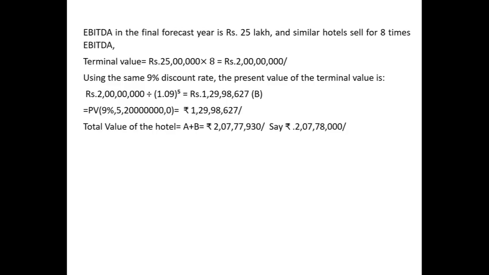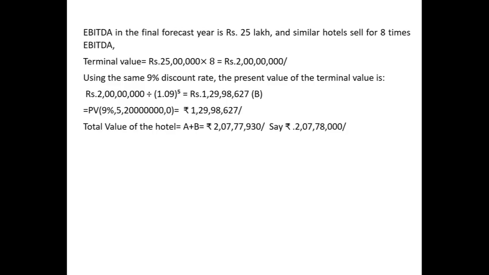So 2 crore divided by 1.09 to the power 5 will give you the present value of 2 crore, that is 1 crore 29 lakh 98,627. You can also calculate the value by simply putting all the values in the present value function in Excel, and you will get the same result.